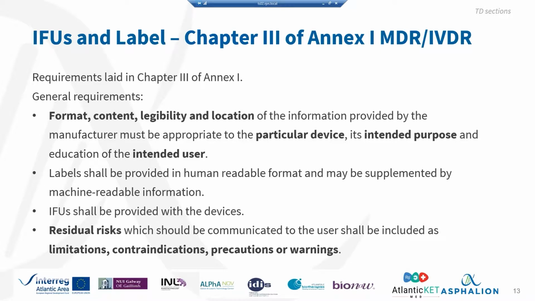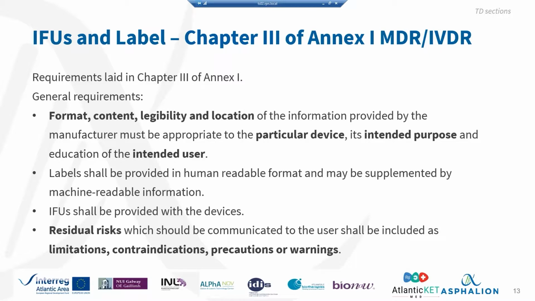We will see later on that once you perform a risk analysis and a risk management task, there will always be a residual risk that you may not be able to minimize or mitigate anymore. Even though it's low, there's a residual risk. So you've got to include this potential risk in the instructions for use. For instance, if your device can cause an allergic reaction, you've got to place it in the instructions for use.